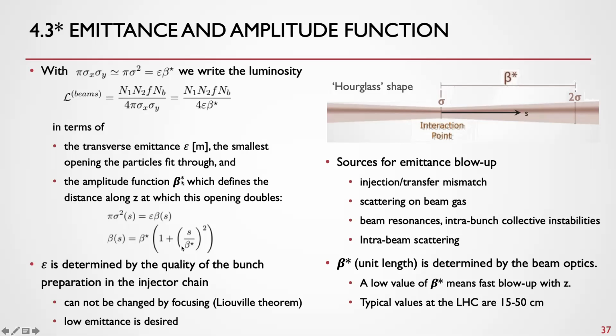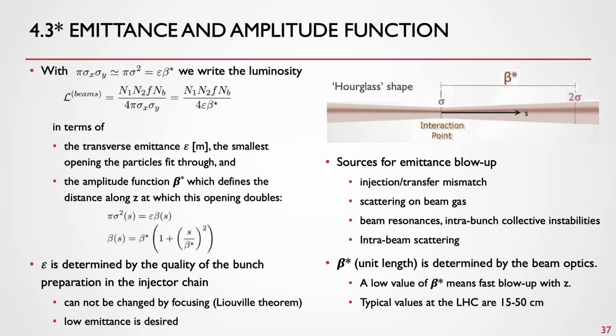The emittance, so that is the role of the amplitude function. The emittance is the smallest opening the particles can fit through, and is in principle completely determined, also in a very complicated way, by the quality of the injection chain and the bunch preparation. So this already starts with the linear accelerator at the beginning.